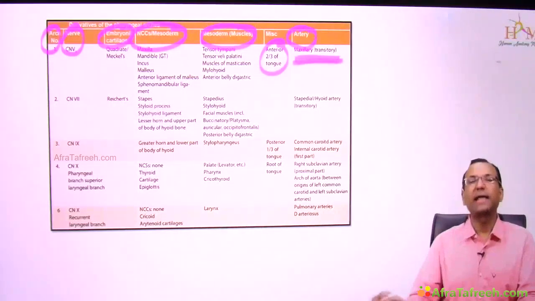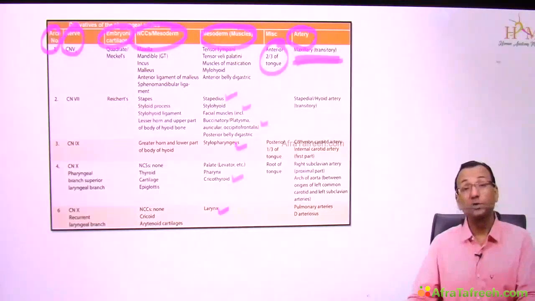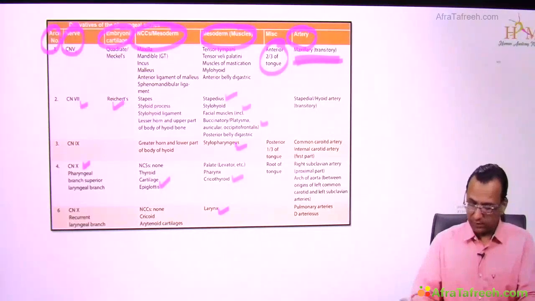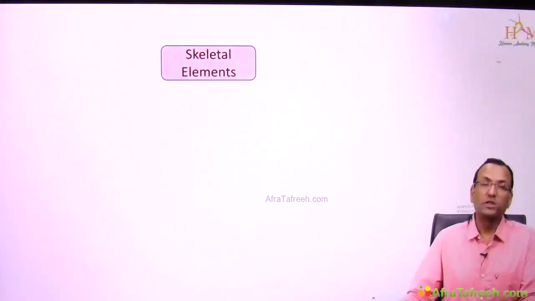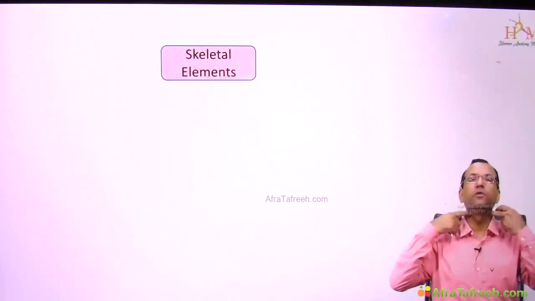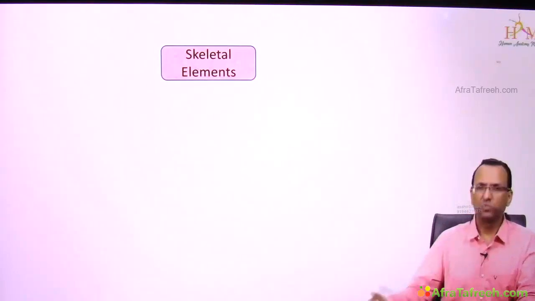Actually, each and every line in this table is important. Why? Because MCQs already repeat themselves again and again. So you want to master everything given here. Yes, let's do that. You will find the first topic is skeletal elements like mandible bone, hyoid bone, and larynx cartilage also you want to discuss.